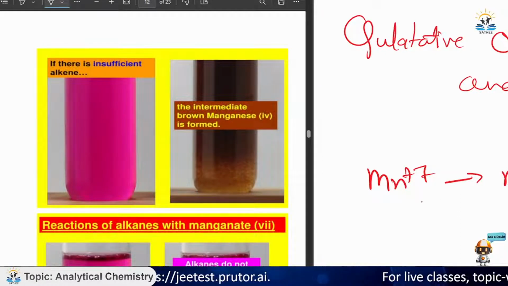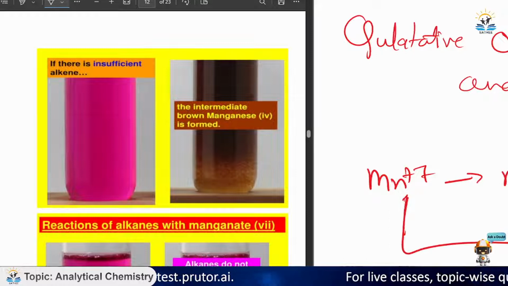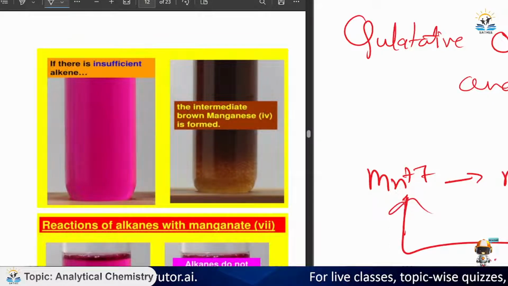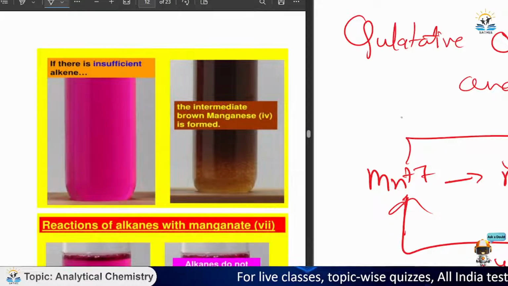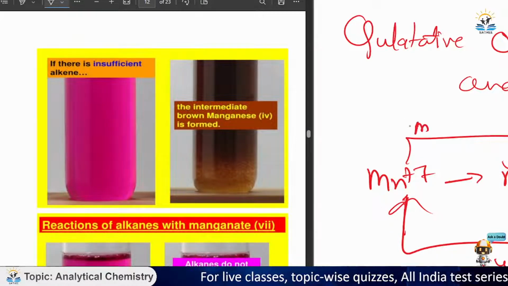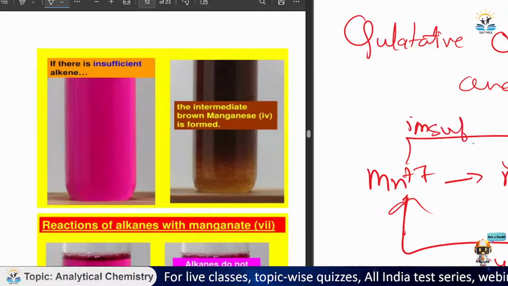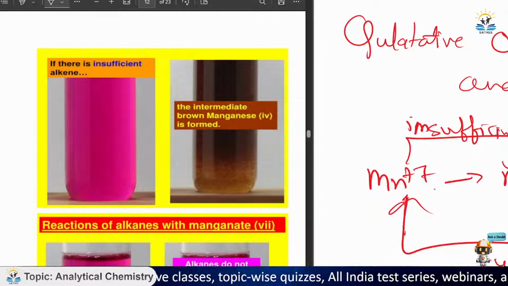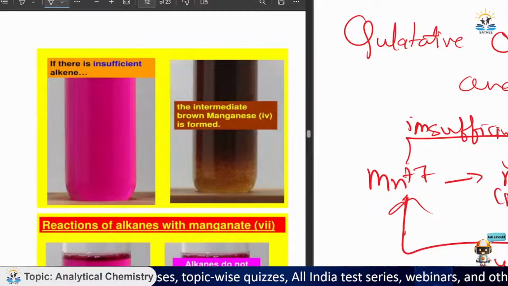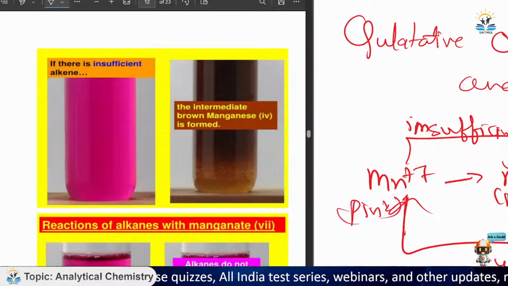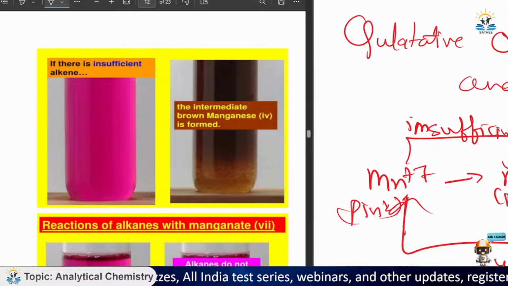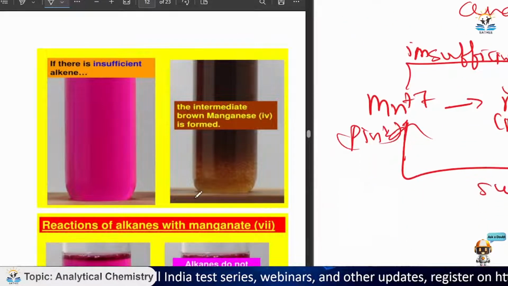This was under sufficient conditions, but in insufficient conditions it will form the intermediate product, and the color related to this is brown. Here we are seeing light pink, and it is almost decolored. So you can check that one.